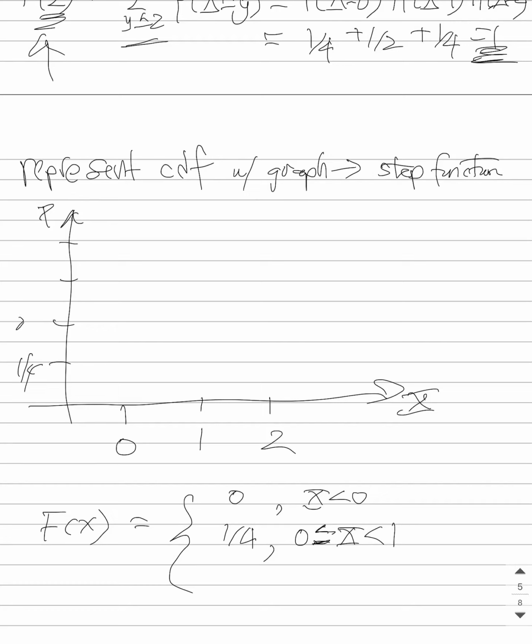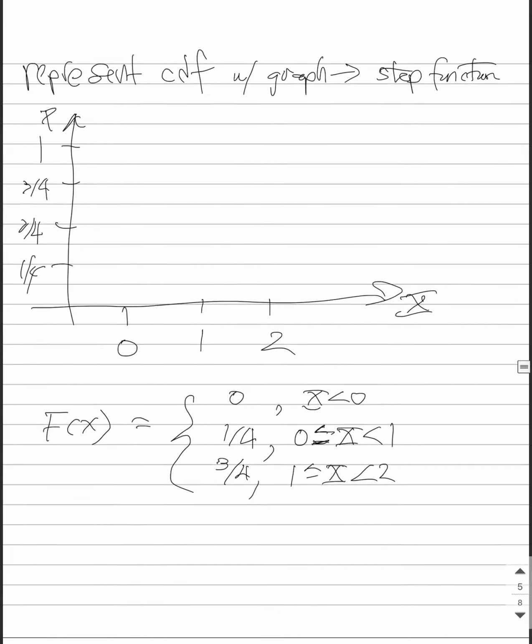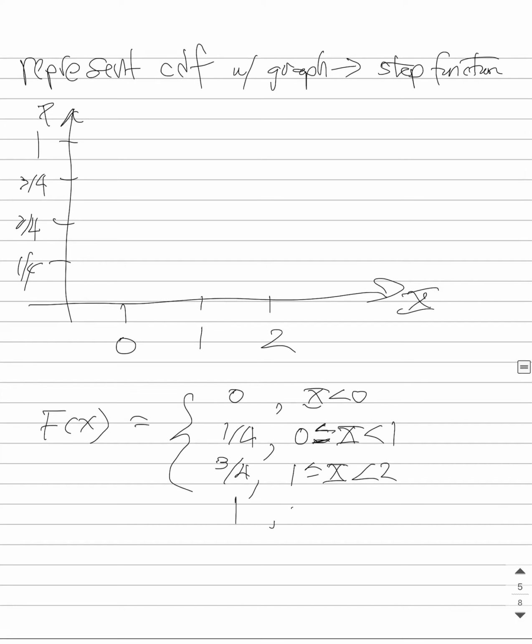So there would be 2/4, 3/4, and 1. We would have 3/4 when our value is including 1 but less than 2. And finally, we would have a 1 when our value goes to this case, and it would be 1 for anything greater than or equal to 3, where there really are no cases there.